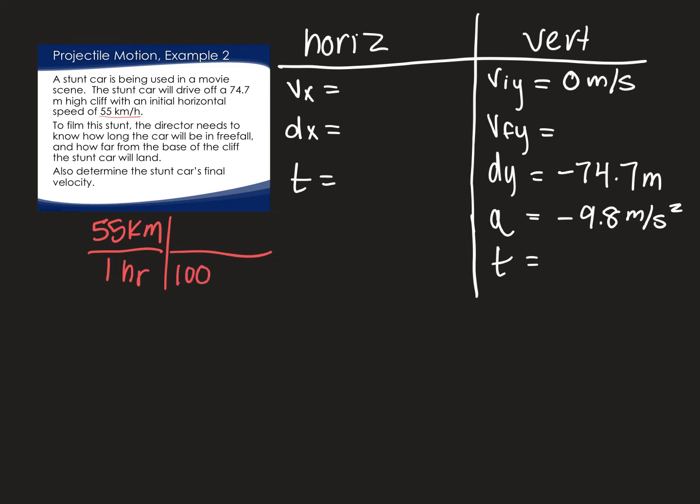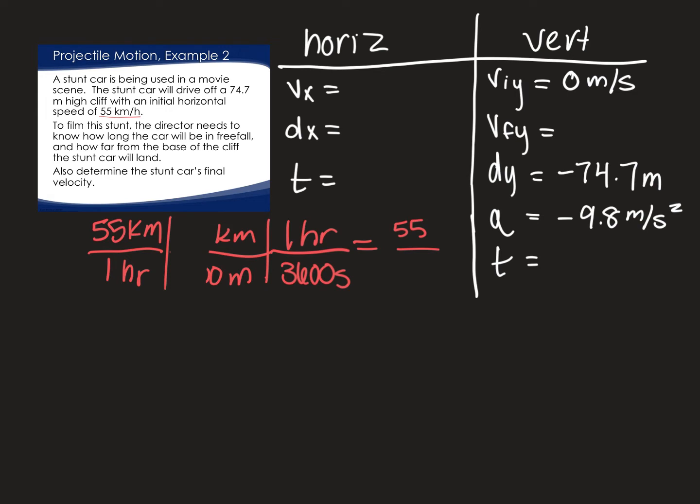So 1,000 meters is 1 kilometer, and 1 hour is 3,600 seconds. So then you get 55 divided by 1,000 times 3,600. I'm going to pause to do the math on my phone calculator. Y'all, I did it backwards.